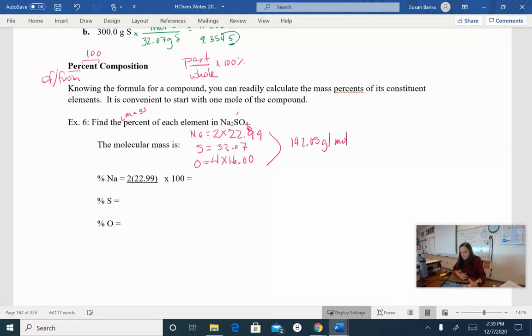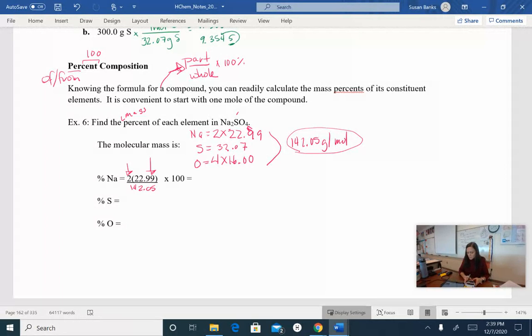Now, to find the mass percent, we want to look at each constituent element. So we're going to look at sodium first. Sodium, we've got 2 of them, and our mass was 22.99. So we're going to look at it this way, part divided by the whole. So what is the whole? The whole of the molecule is the molecular mass that we just calculated. So we're going to divide by 142.05 and then multiply by 100.